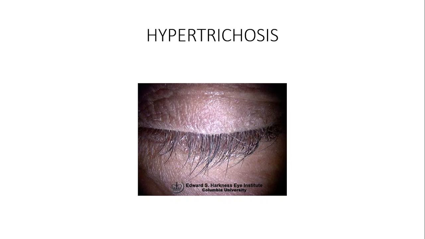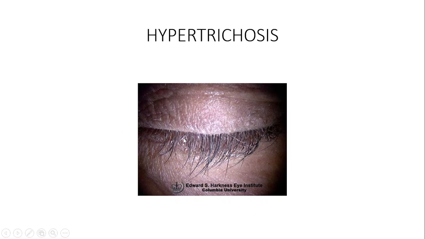But when you hear of hypertrichosis, it refers to both males and females having more than usual distribution of what? Hair. It could be any part of the body, or sometimes localized. In this particular circumstance, we are talking about hypertrichosis of the what? Eyelashes.